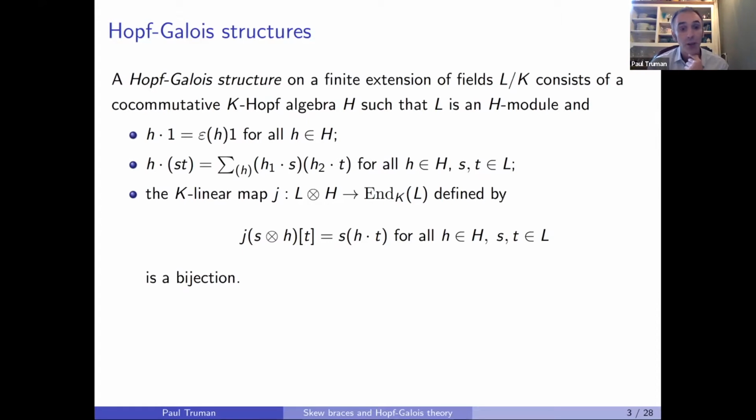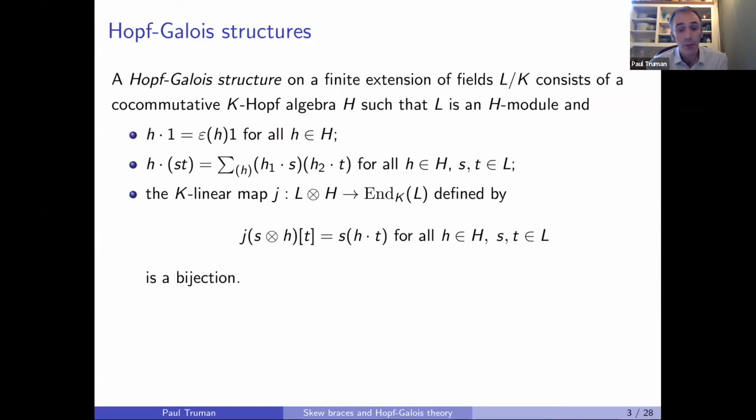And if I act on a product of elements in L, then I should get some formula based on the co-multiplication, the various components of my element h here in my Hopf algebra. So those first 2 bullet points are just saying that L should be an H module algebra.